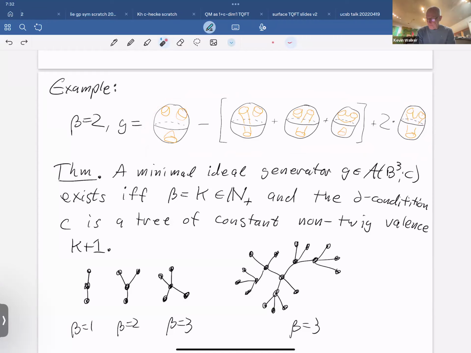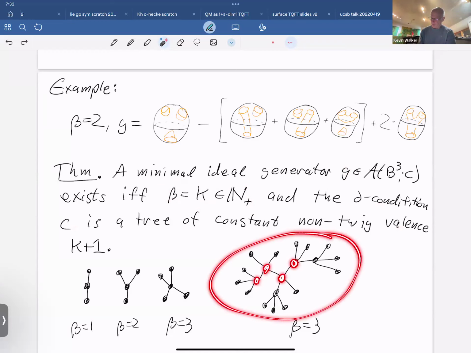And so the theorem is that we get a minimal ideal generator G. It exists if and only if beta is a non-negative integer, and the boundary condition has to be a tree of constant non-twig valence. So here's an example where everything is 4-valent, except for the twigs of the tree, which are 1-valent, of course.